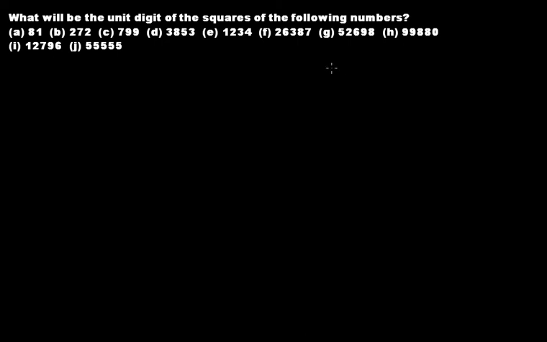So we know that if our number ends with 0, that is, it has 0 at its unit place, and if you try to find out the square of this number, then it will have 0 at its units place. It will end with 0. If your number ends with 1 or ends with 9, then the squares of these numbers will have 1 at its units place.